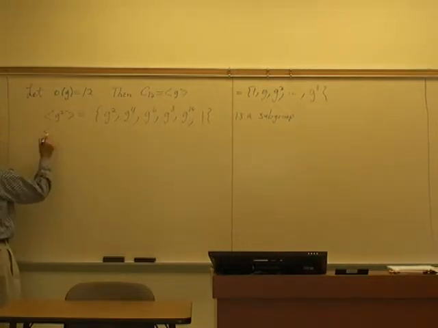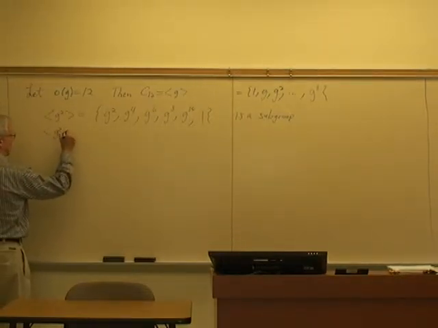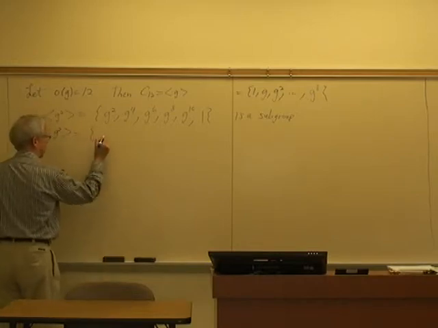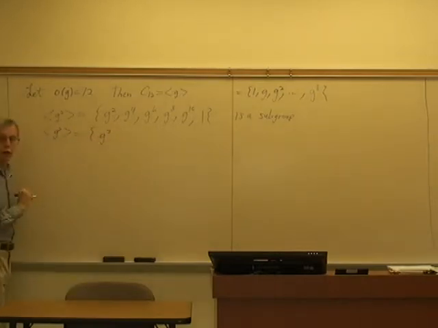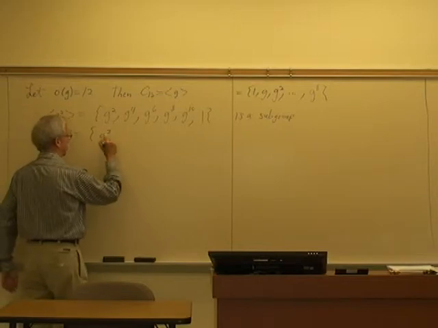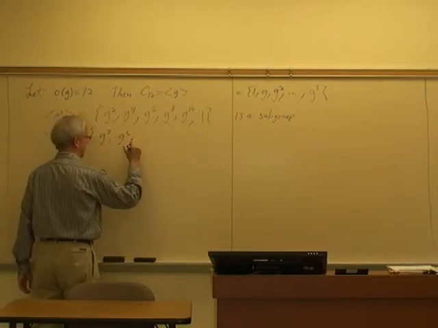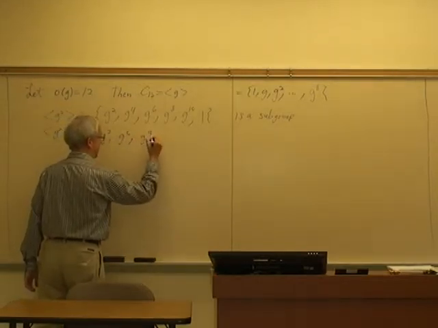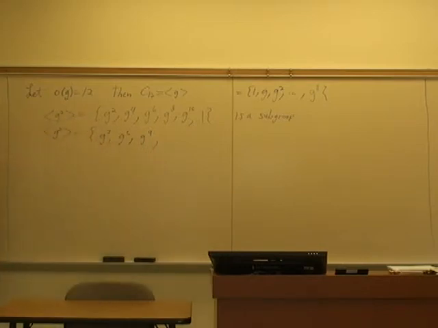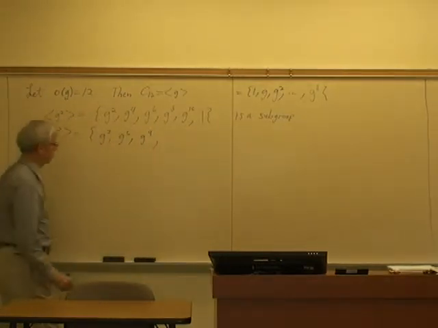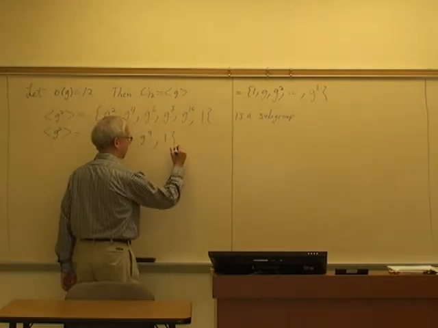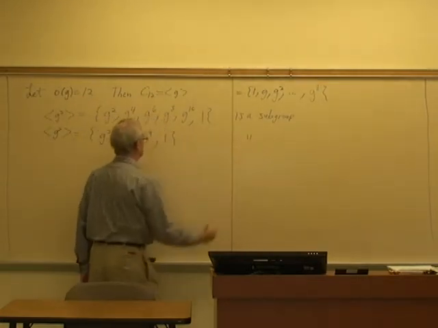All right, what's the next element we can pick? How about G cubed? Well, what's in there? This should be easy. I just keep adding 3, right? So G third times third is 6. G9, and then what's next? 1. G to the 12th power is 1. That's also a subgroup.